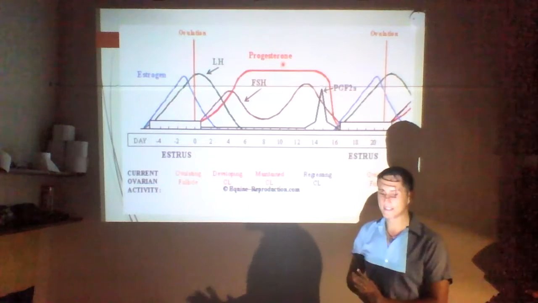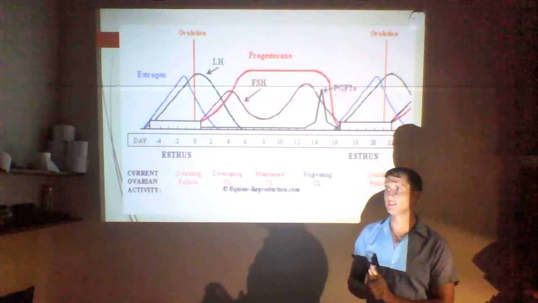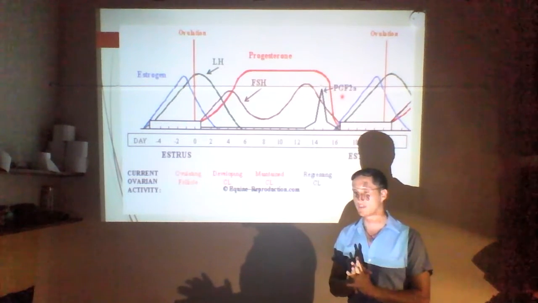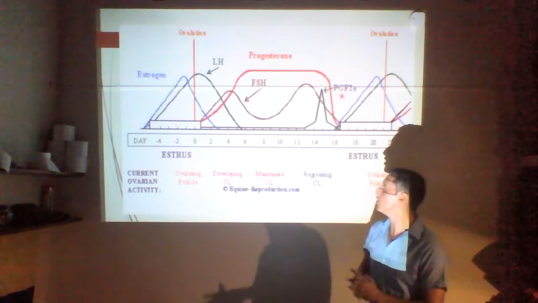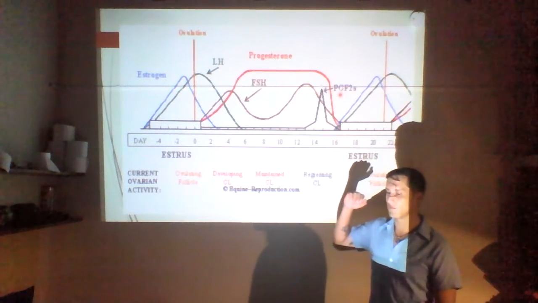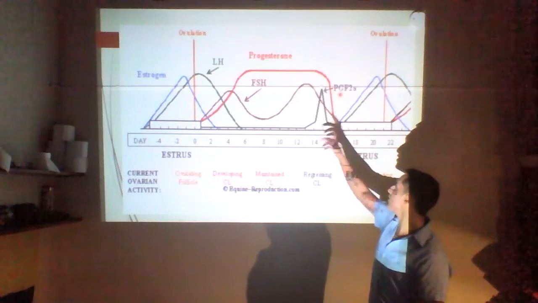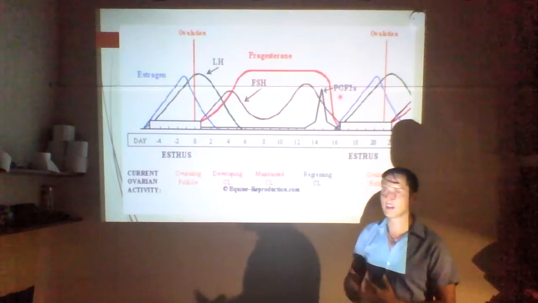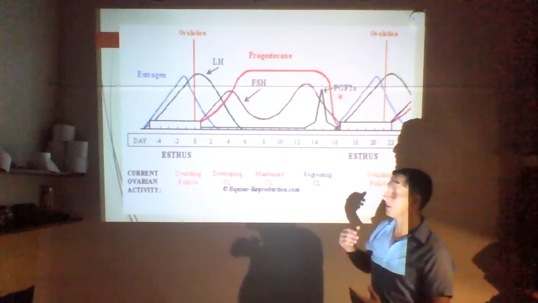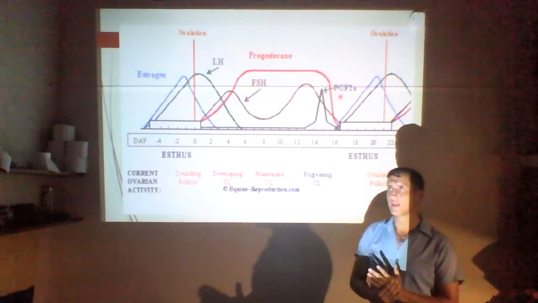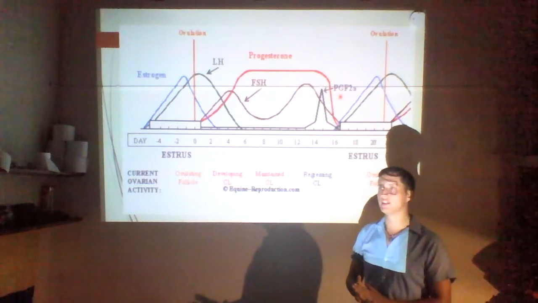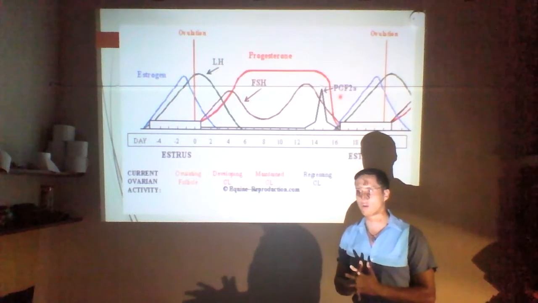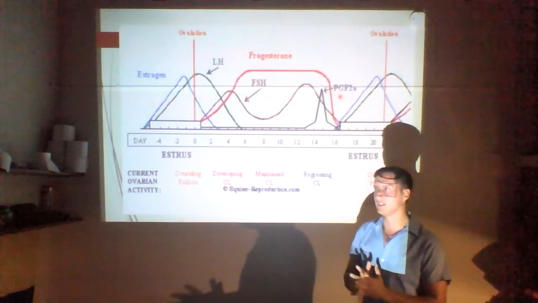What this hormone has to do is destroy the corpus luteum in order to decrease the level of progesterone, and then start the whole cycle again, producing the gonadotropin releasing hormone, and then again producing the two gonadotropic hormones called LH and FSH.